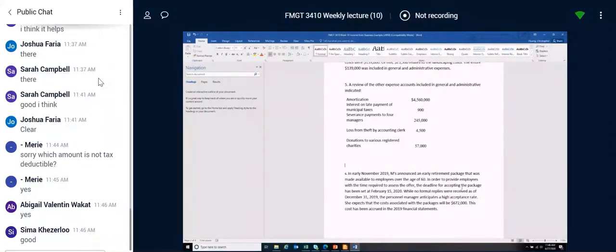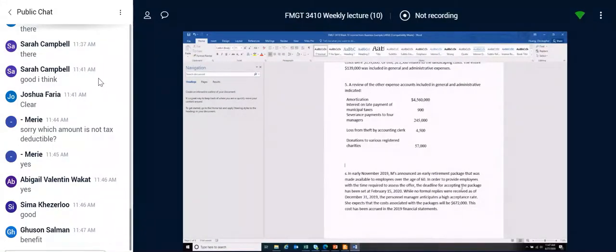What is this? Benefit? From the company point of view, is this a benefit?